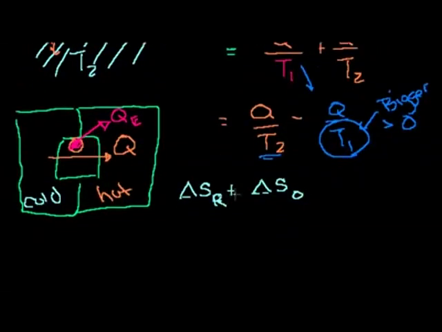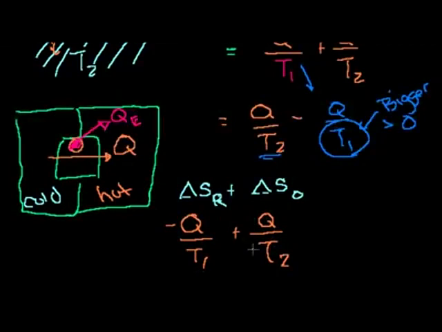The change in entropy for the room: it's giving away heat. Let's say the room is roughly at a constant temperature for that 1 millisecond we're looking at it. It's giving away some Q at some temperature T1, so that's a minus. And then the outside is gaining some heat at some temperature T2.